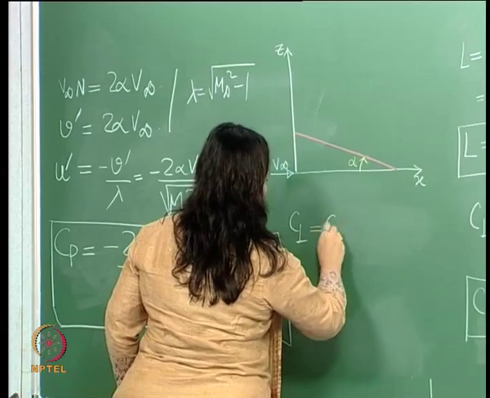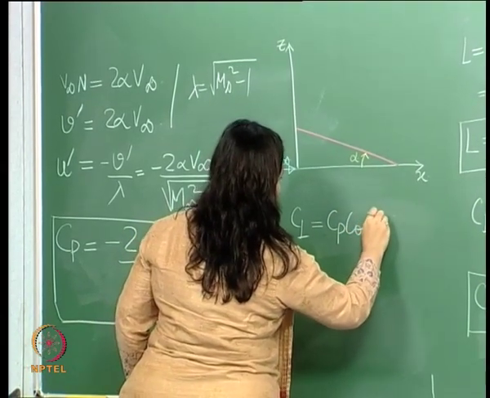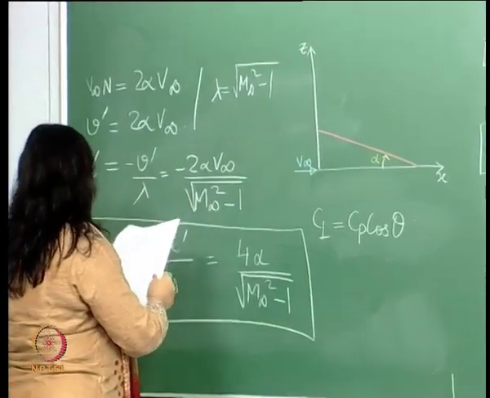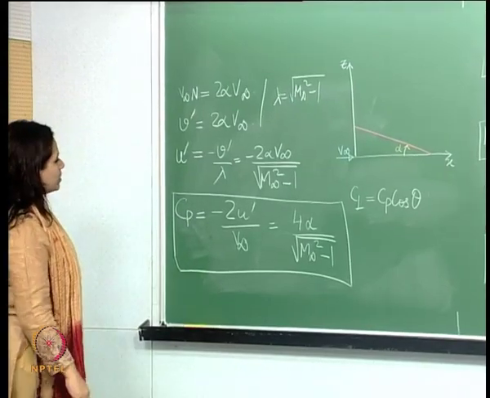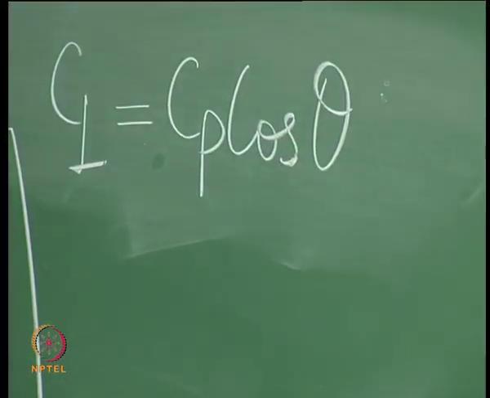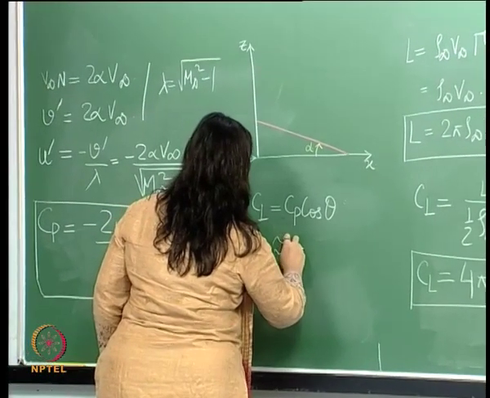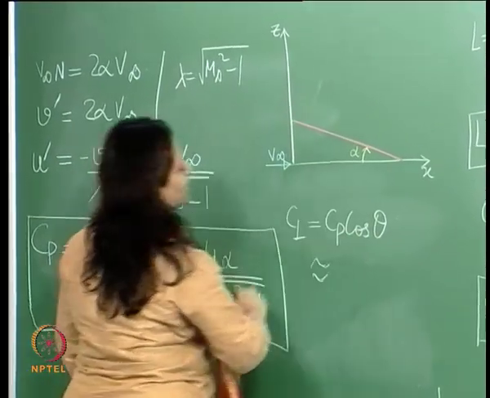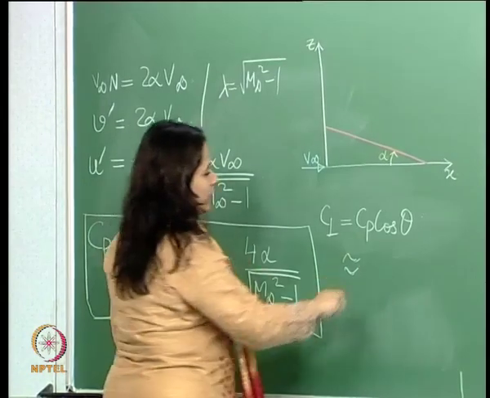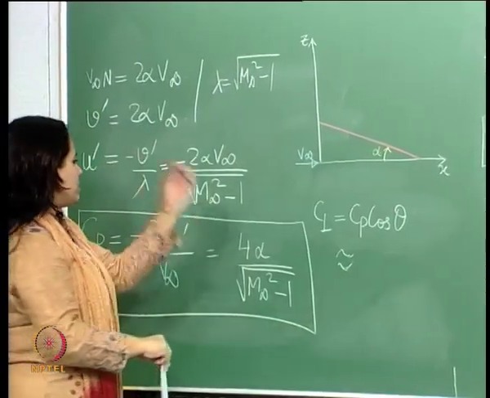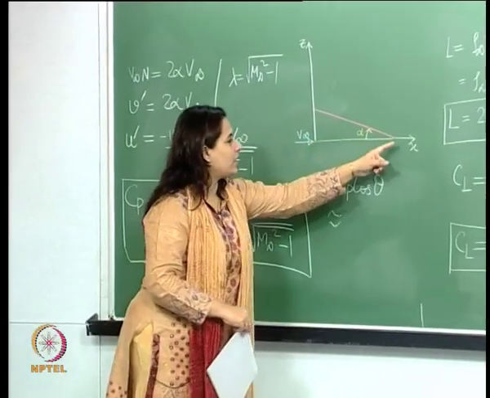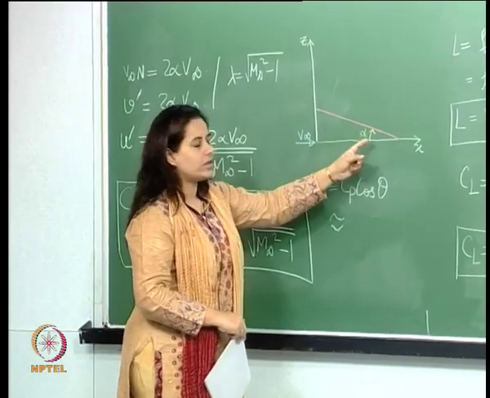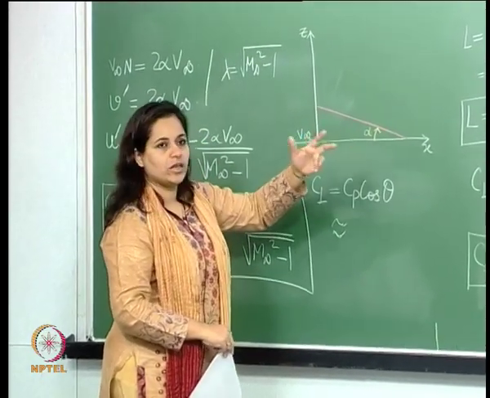Now CL is the lift, which is Cp cos theta. If you look at this particular case, this becomes, as theta tends to pi, we integrate over the entire length of the airfoil, going from 0 to pi.